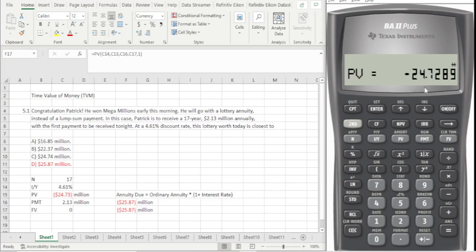This is our present value, but one more interest rate, 1.0461, equal. Alright, the present value of this annuity is 25.86 or 7 million. Okay?